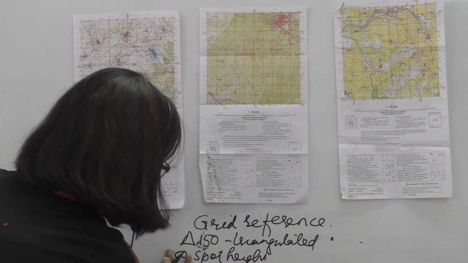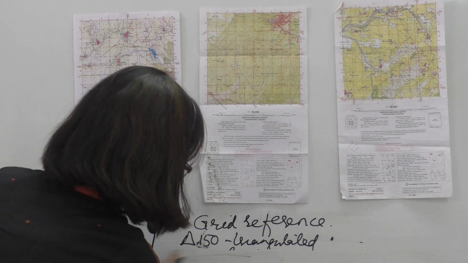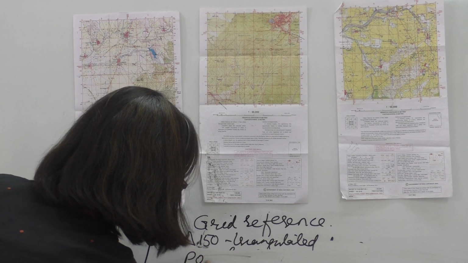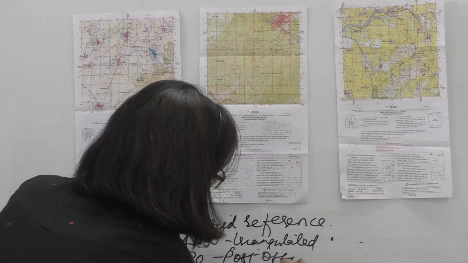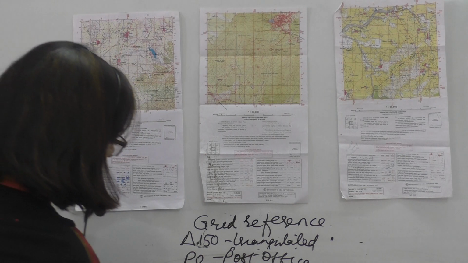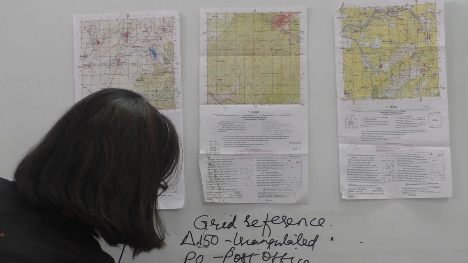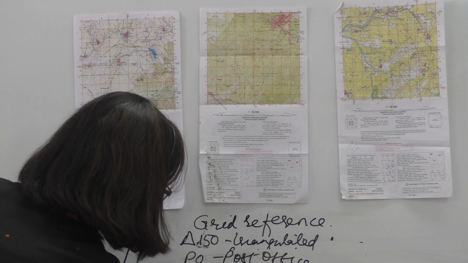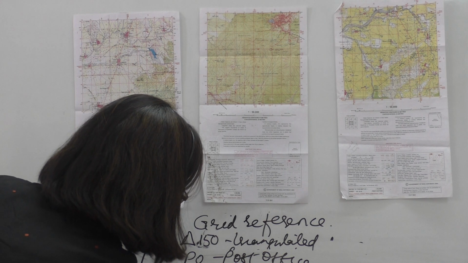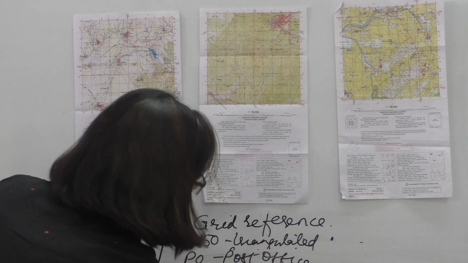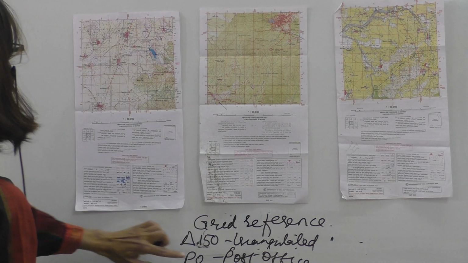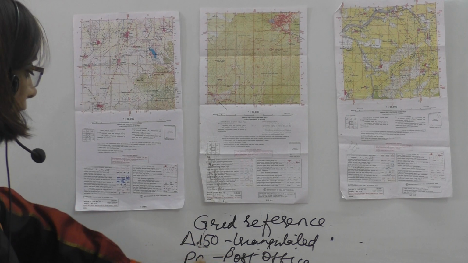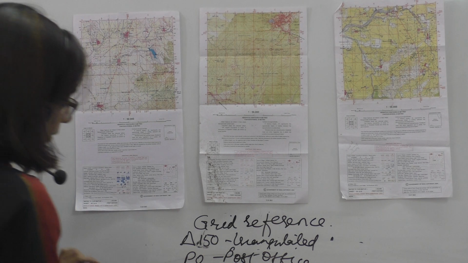Then PO for post office. Then we said Bricklin, a dot and a circle. Besides that it will be written Bricklin, but it will be a circle.